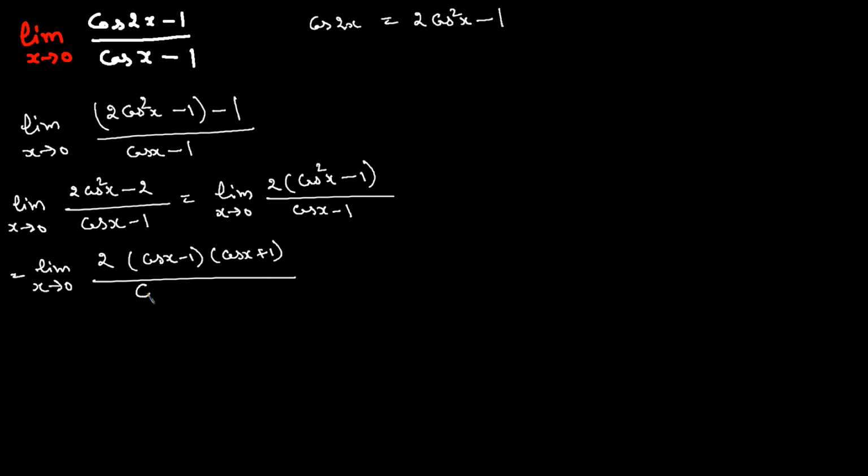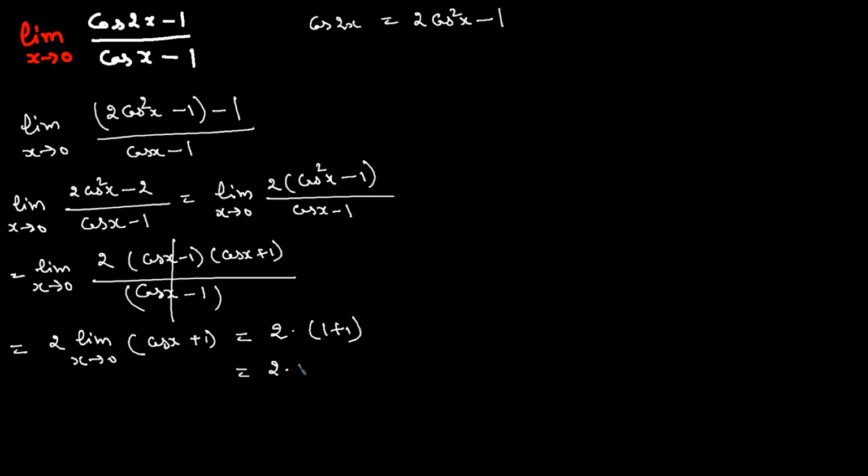In the denominator we got cos x minus 1. These two cancel out, and we're left with 2 times the limit x approaches 0 of cosine x plus 1, which is basically 2 into 1 plus 1. 2 into 2 is equal to 4. So the limit of this function is equal to 4. So that's one way to do it.